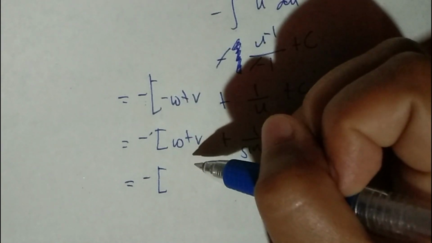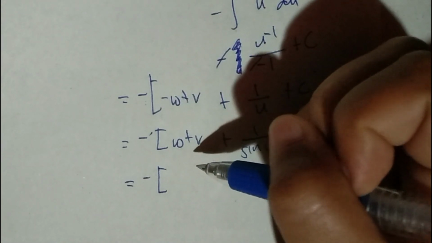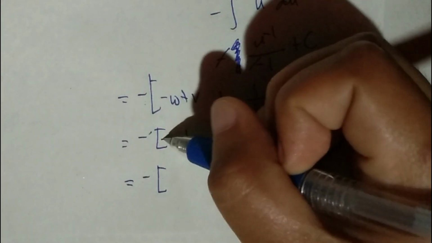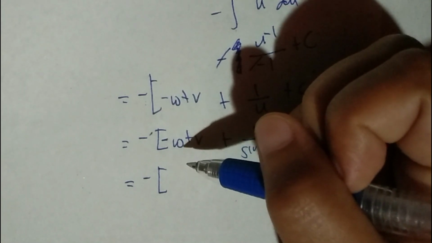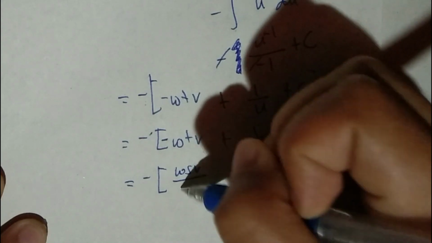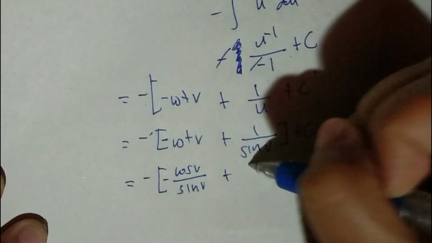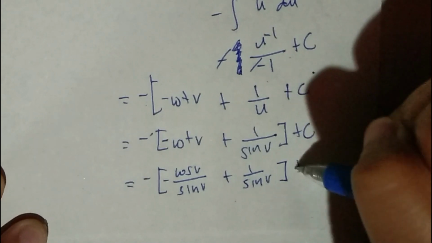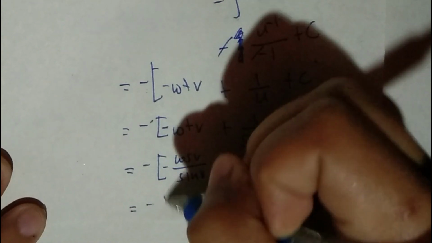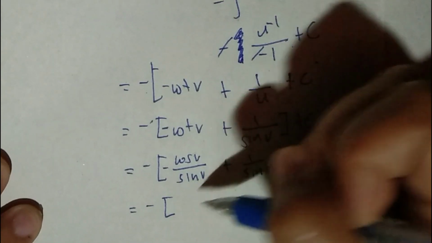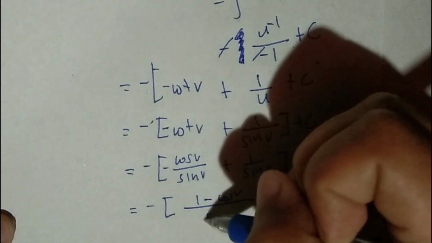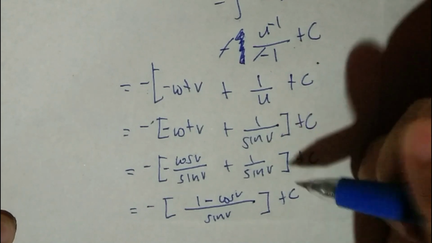We know that cot v is equal to cosine v over sine v. So we write negative cosine v over sine v plus 1 over sine v. With this, we can combine. So that will be (1 − cos v) over sine v plus c.